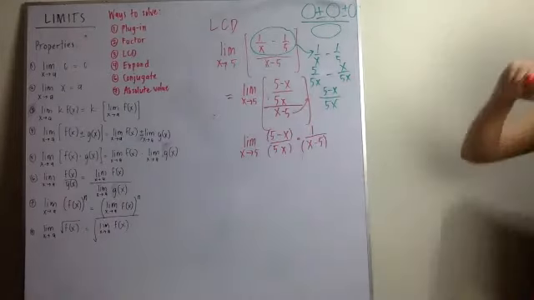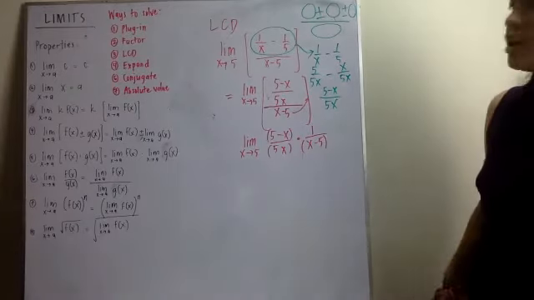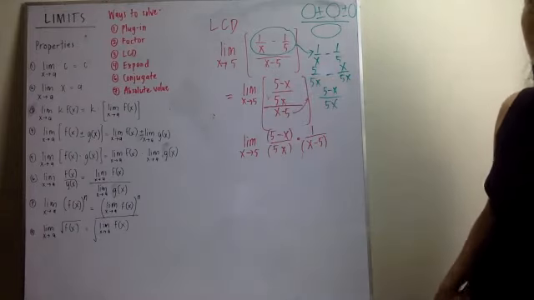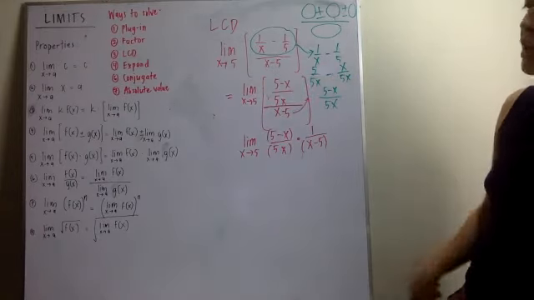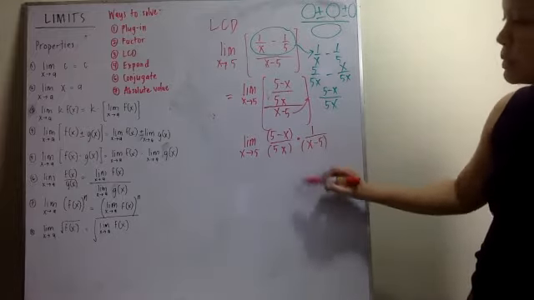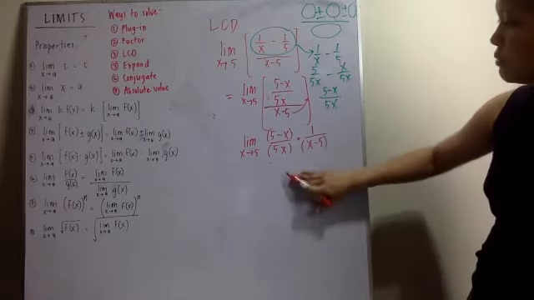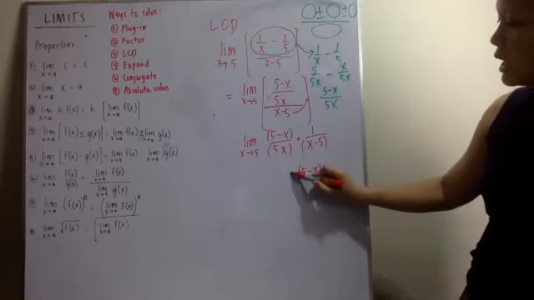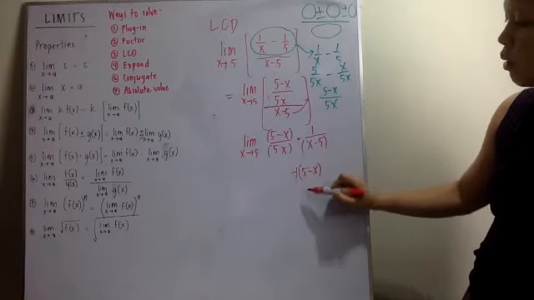Now, meron ba tayong pwedeng i-cancel dito? Nakikita niyo ba? Itong 5 minus x and x minus 5, pag i-divide mo sila, ang sagot is negative 1. Tama? Kasi let's say, palabasin ko yung negative dito sa 5 minus x. Okay? If I multiply this by negative 1, anong makakuha ko?